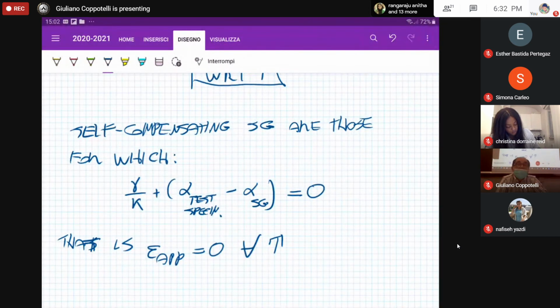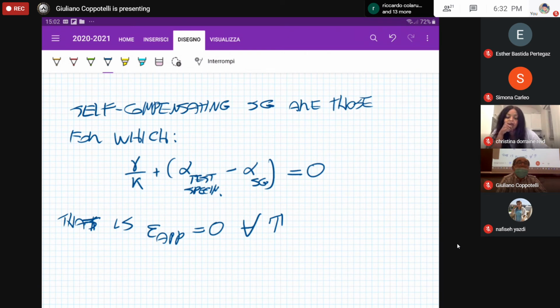That is not always possible, but when it is, manufacturers are telling you that the strain gauge that you are going to buy is also a self-compensating strain gauge for temperature when you are using that strain gauge on aluminum alloy, for example, or on titanium alloy in that specific temperature range. And then you are happy because there's no need of further compensating procedures.